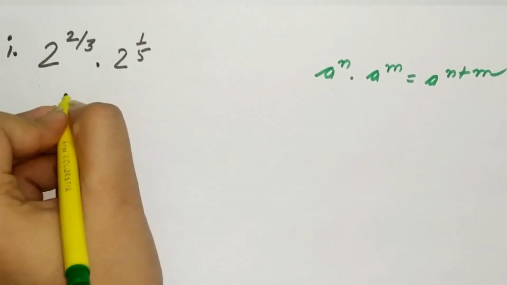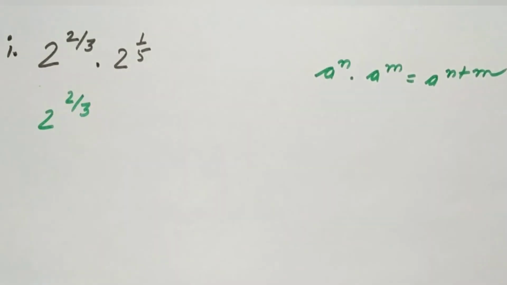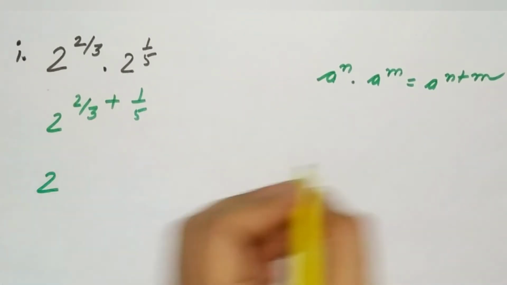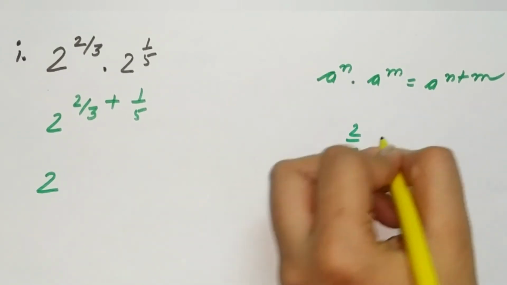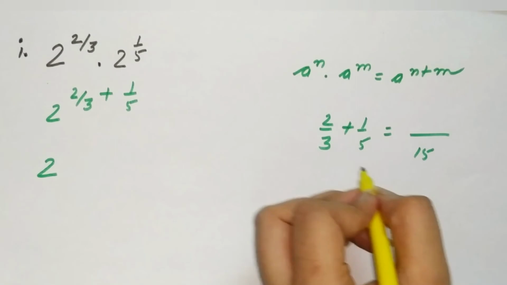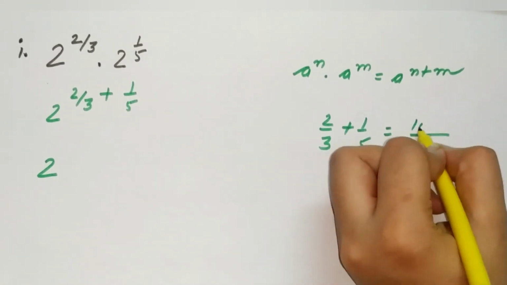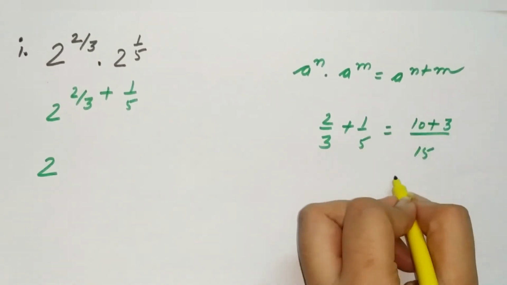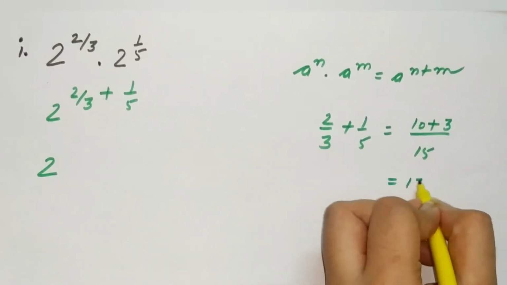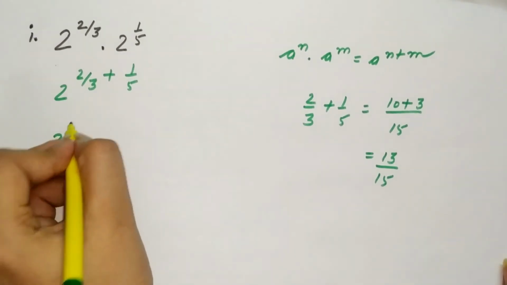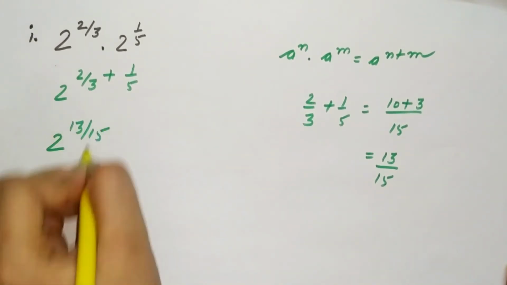So 2 raised to the power 2 by 3 plus 1 by 5. So 2 by 3 plus 1 by 5 is equal to 13 by 15. So 2 raised to the power 13 by 15.